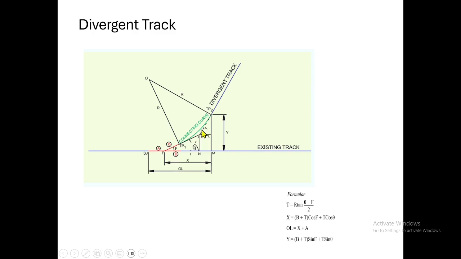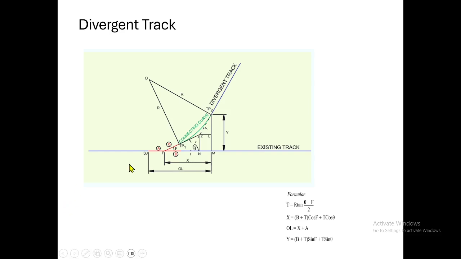We are going to calculate this simply using trigonometry. We have already discussed the sine rule and cos rule, and the tangent length formula, R tan delta by 2, which we have used. So using those formulas we are going to do it here.